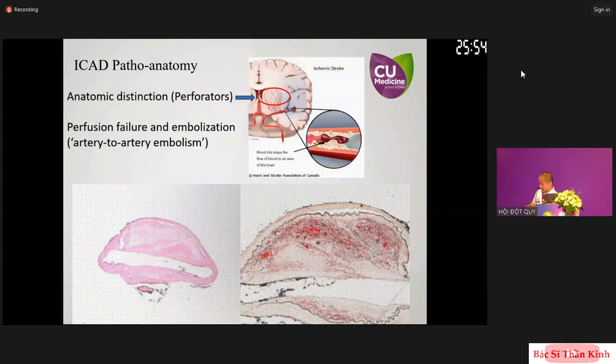These branches may come out from a stenotic segment, so if we do balloon angioplasty and inflate the balloon, those plaques may smear over the opening of the perforators, leading to what we call perforator stroke. This is a very important complication we have to prevent.